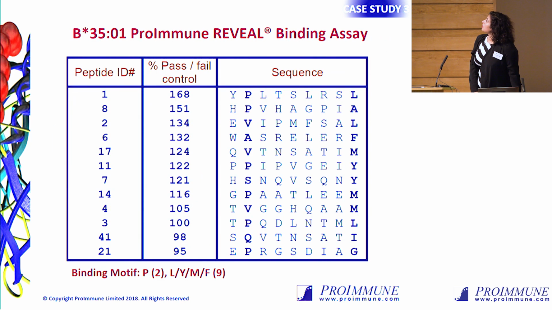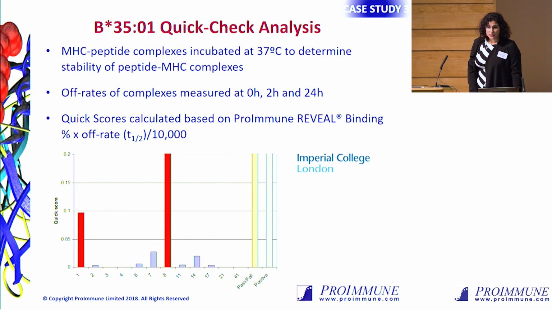We also, of course, confirmed that all the peptides had the right anchor, the right residues in the anchor positions for this B35 HLA type, and also looked at how long this peptide was binding onto the MHC molecule.